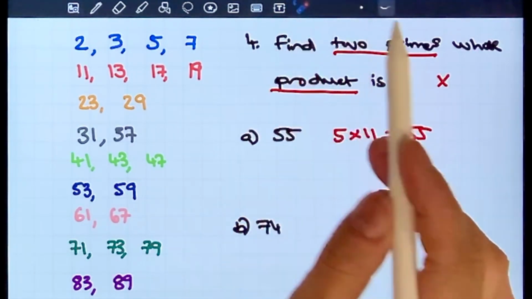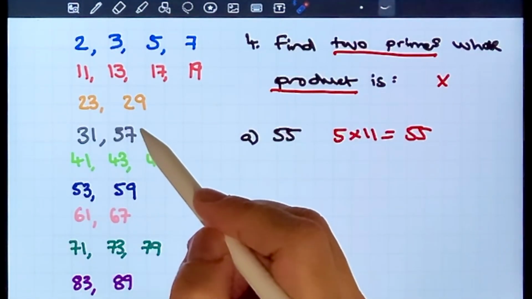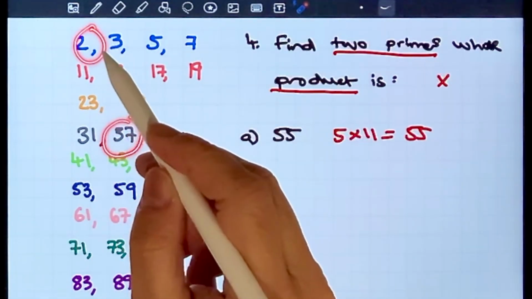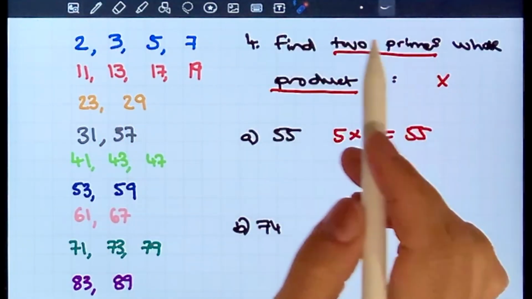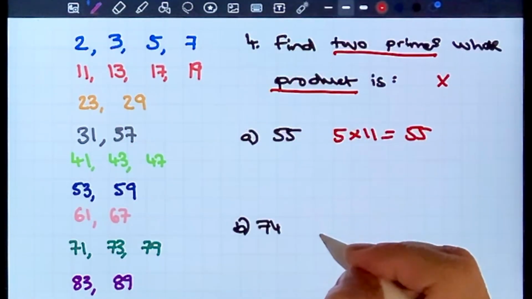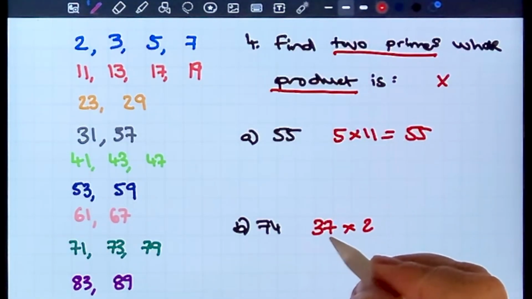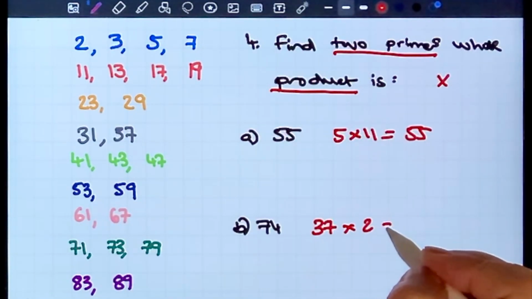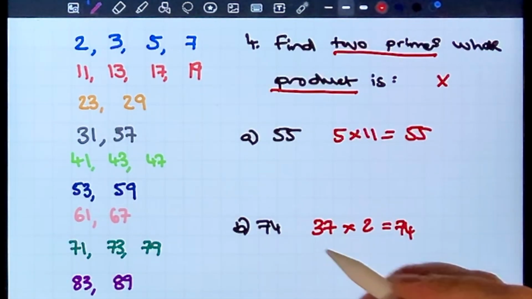So I'm thinking 37 times 2 will give me 74. So 30 times 2 is 60, 7 times 2 is 14, 60 and 14 is 74. So there's two primes that'll give me 74.